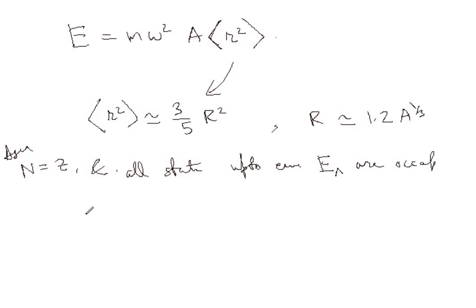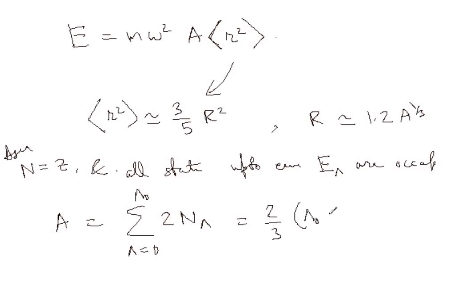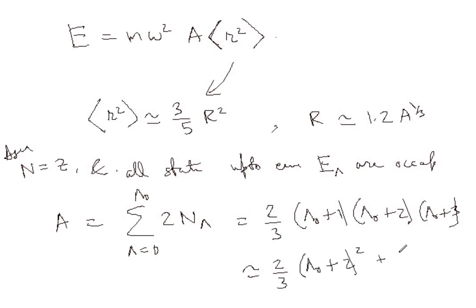Then A is equal to the sum from lambda equal to 0 to lambda 0 of twice n lambda, which is 2/3 lambda 0 plus 1, lambda 0 plus 2, and lambda 0 plus 3, approximately twice a third of lambda 0 plus 2 to the power 3, plus terms of lower order in lambda 0.